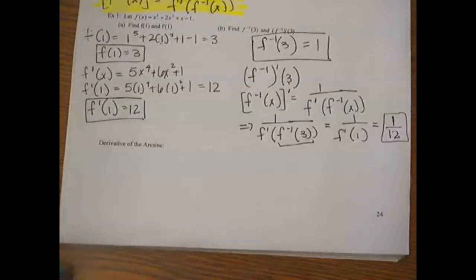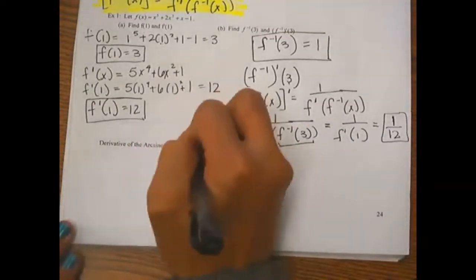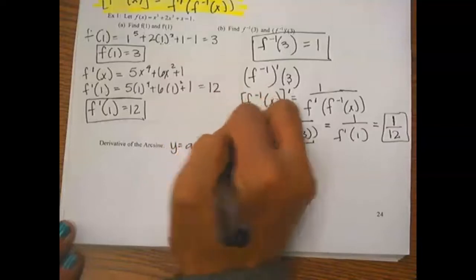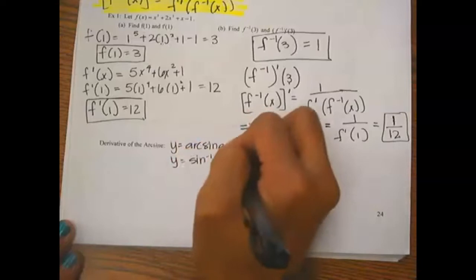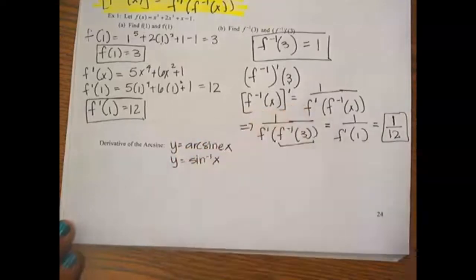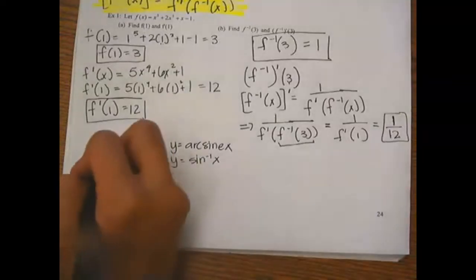Okay, so I'm going to give you the derivative of sine inverse. Arc sine and sine inverse are the same, so this is y equals arc sine, which is the same as y equals sine inverse of x. Okay, so here we go.